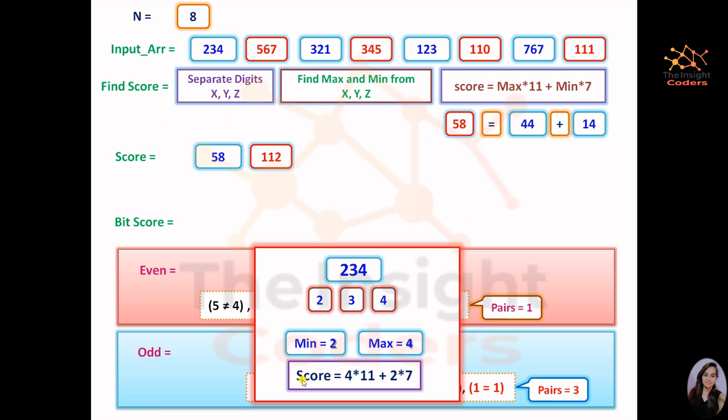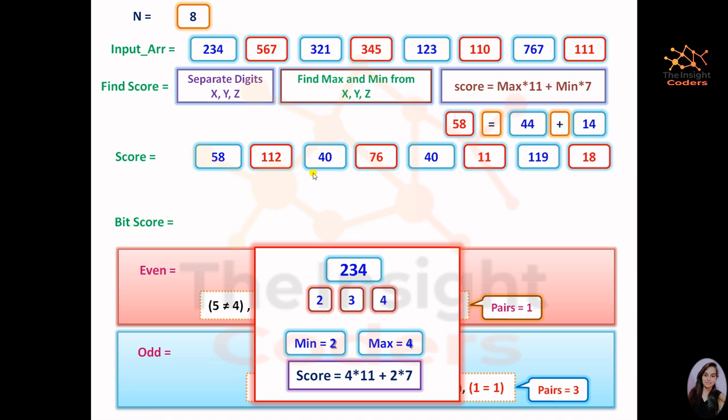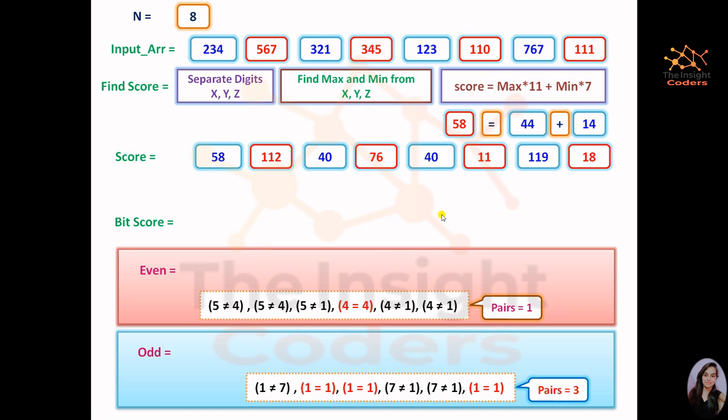Similarly, applying the same formula to the other 7 numbers, we get 112, then 40, followed by 76, 40, 11, 119 and 18 respectively. So for these 8 numbers we have the scores found using these 3 steps. I hope this is clear; if not, you can trace it on pen and paper and you will understand it.